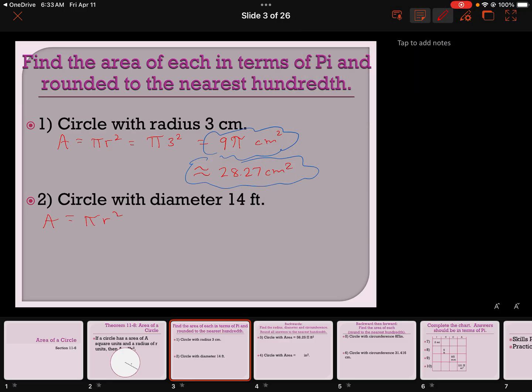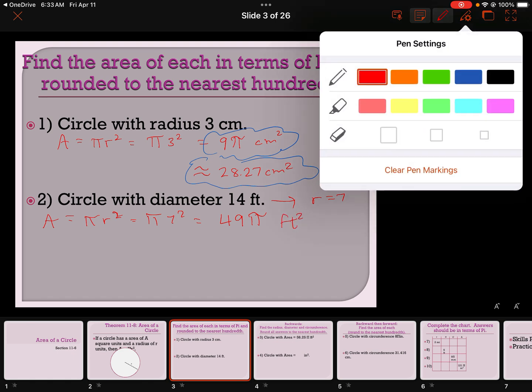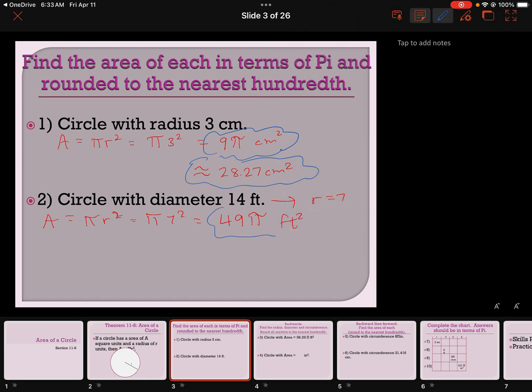If they give you a diameter instead, what you need to do is convert that diameter to a radius. Remember, radius is half of a diameter. So our area would be pi times 7 squared, which is 49 pi. And don't forget your units, always squared when you find area. 49 pi feet squared.